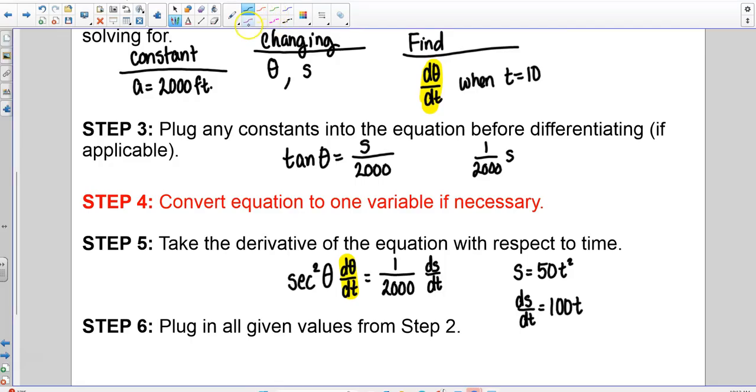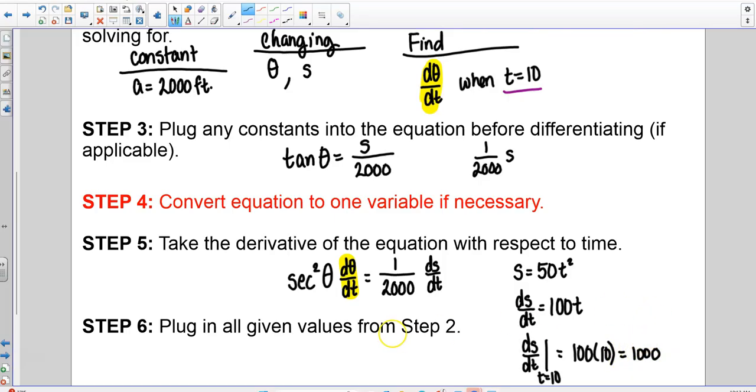Now, I need to know ds dt. We're looking for when t equals 10, right? So if I want to find ds dt when t equals 10, that's going to be 100 times 10, which is going to give me 1,000.